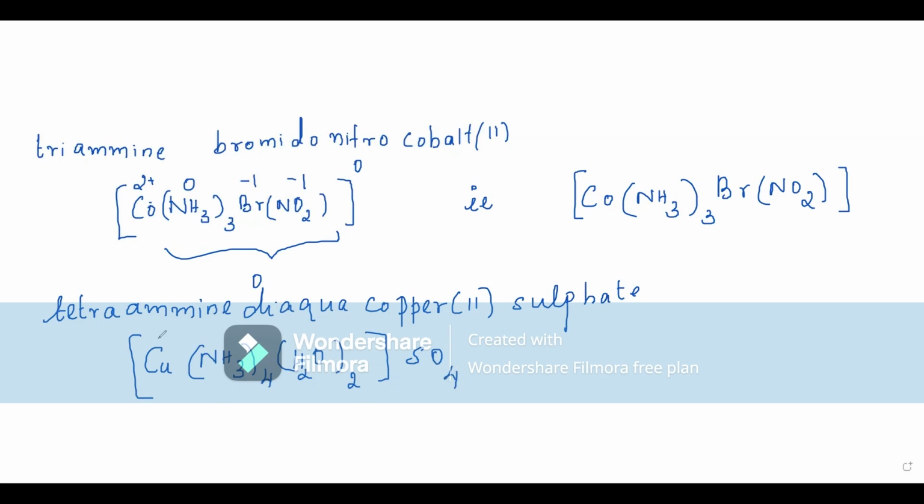Now the charge: this is 2 plus, 0, 0 and minus 2. The charge is balanced. So your final answer is to be presented as [Cu(NH3)4(H2O)2]SO4. So this is how we write the formula if the name is given.